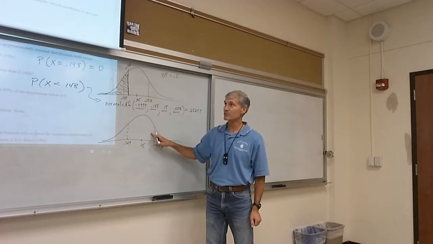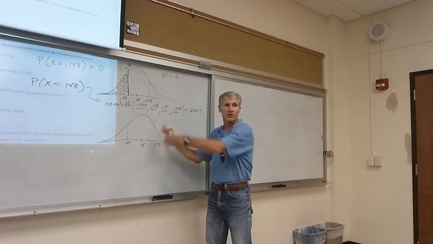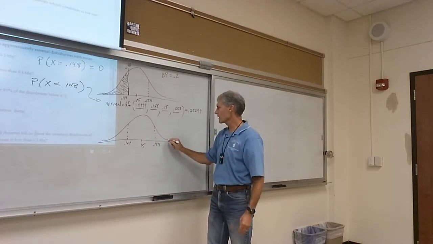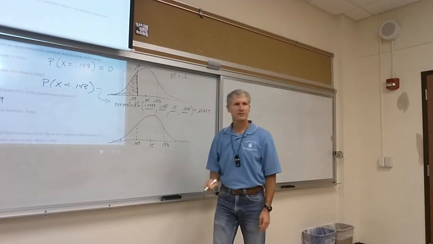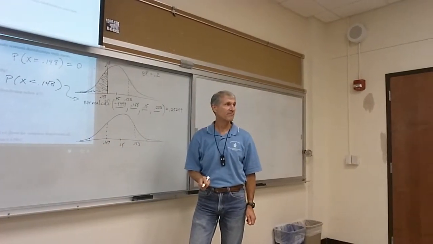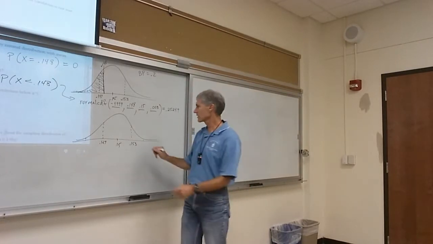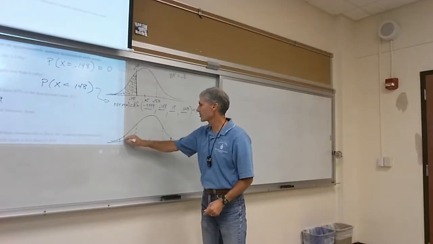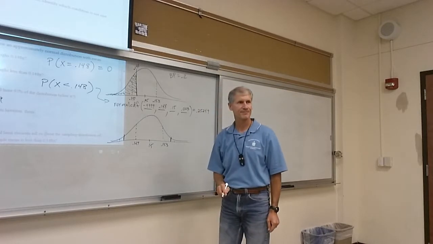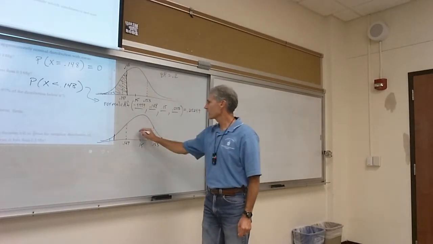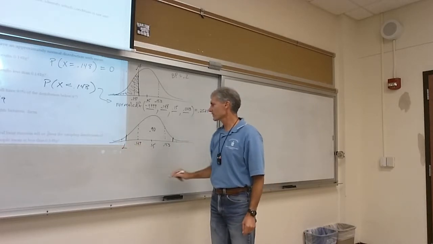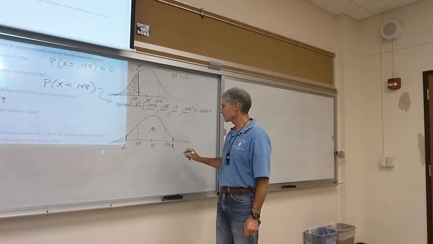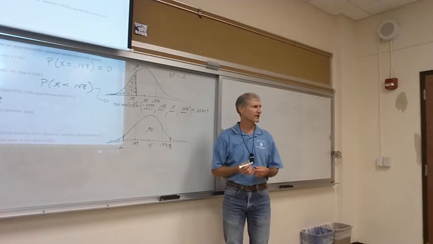I want 90%. So I got to go further out. But I don't go all the way to 2 because that would give me how much? That'd give me 95%. So I want a little bit inside of those. That's my ballpark estimate. Right? So 0.90 in the middle. So call this one L for left and this one R for right. We need to solve for L and R.